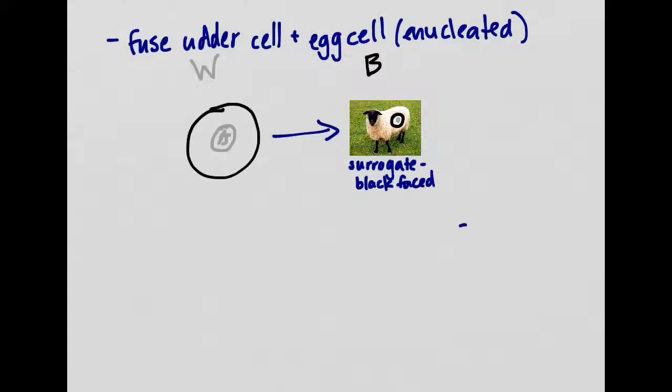And out of the entire 277 fused cells that they had, only one of those cells actually developed, and this was Dolly. We know Dolly is that cloned sheep, and she was born on July 5th in 1996.